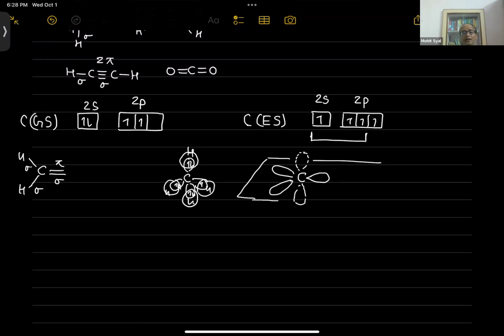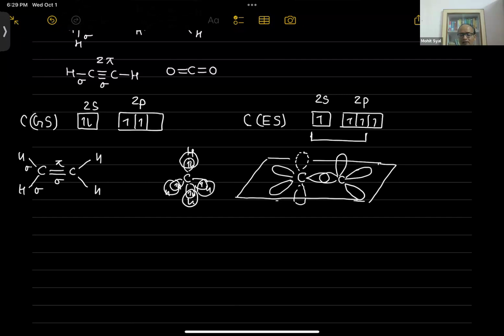Is it clear? Any doubts? There are two carbons in ethene, so the other carbon does the same thing. Nabila, is this clear? Yes, sir.